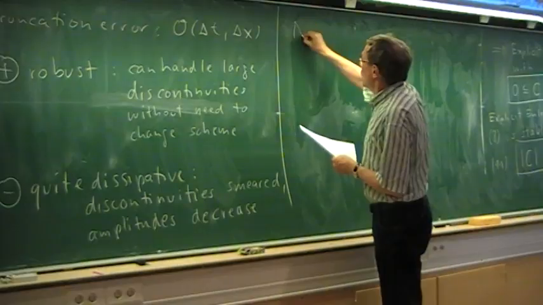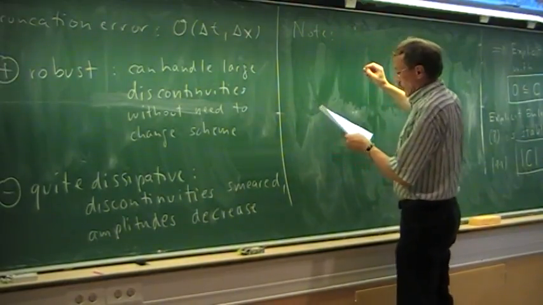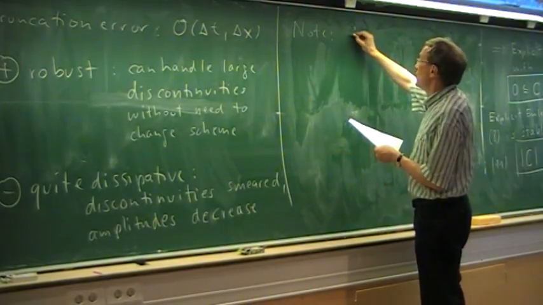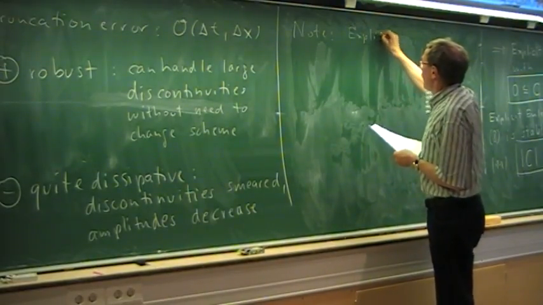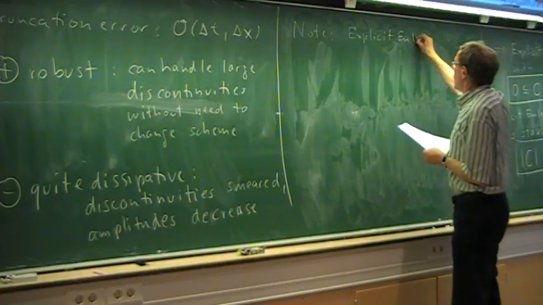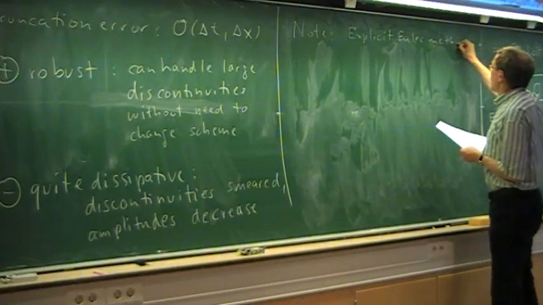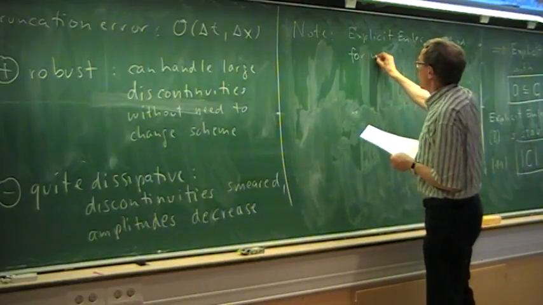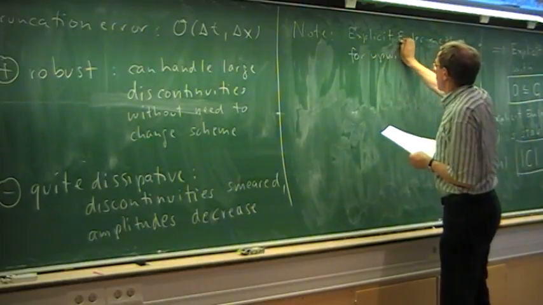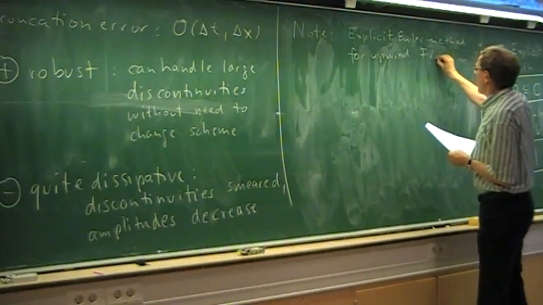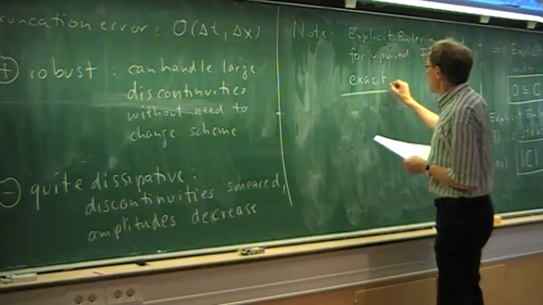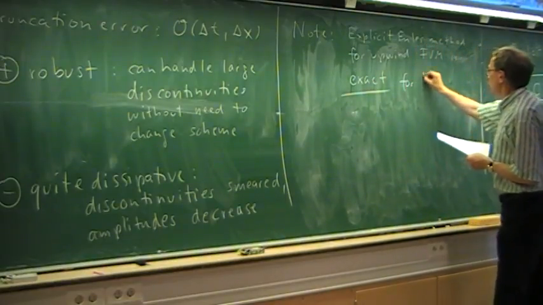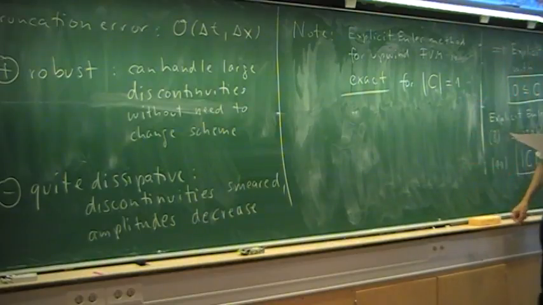So note that the method that we discuss, the explicit Euler method for the Upwind finite volume method, is exact, which is a very nice feature, for the Courant number equal to 1. We can also show that.